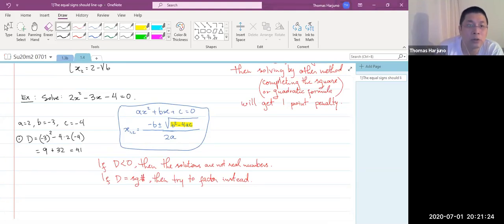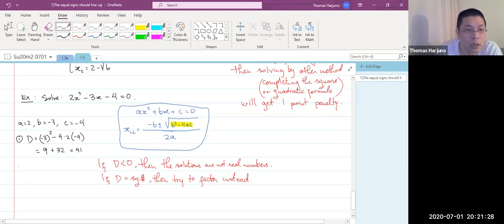So 41 is not a square number, so I go on, then my x1, 2 will be negative b plus minus the square root of the discriminant over 2 times 2. That's 3 plus minus square root of 41 over 4.